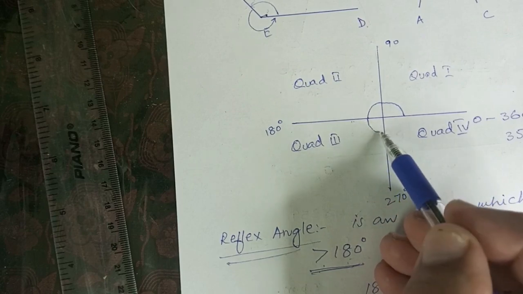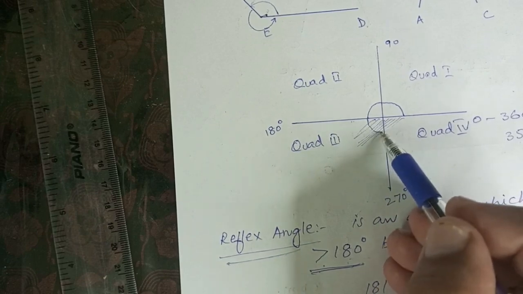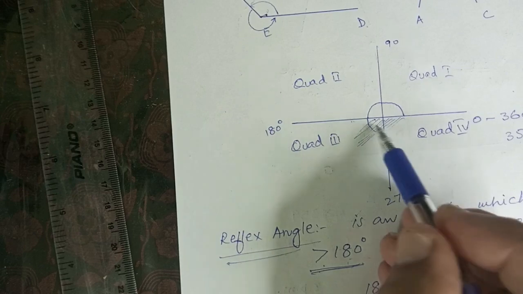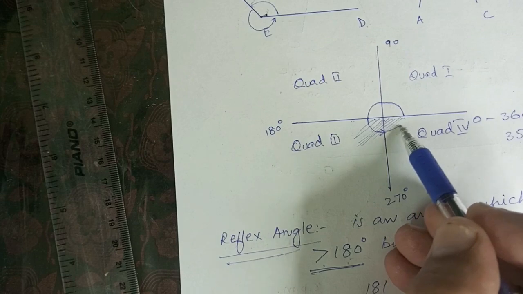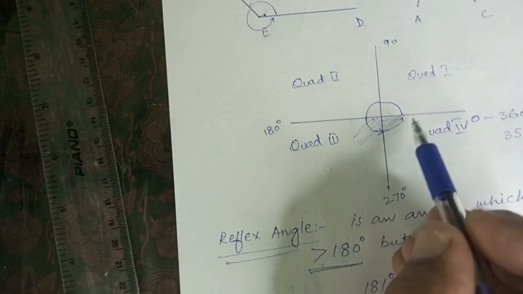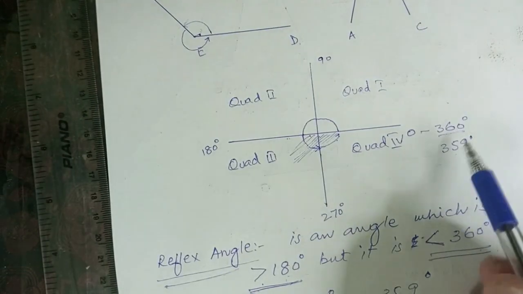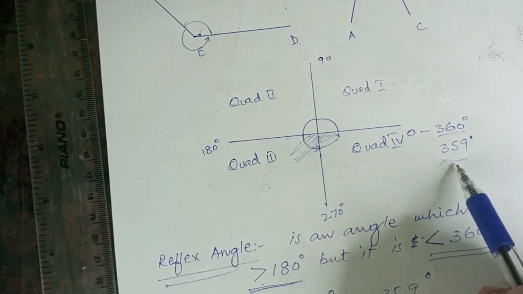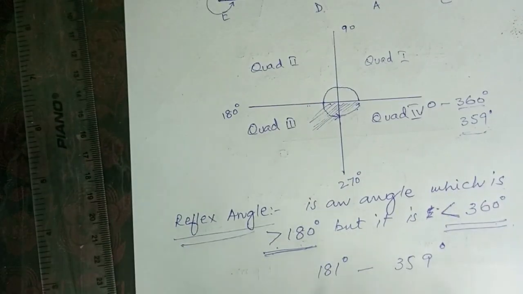So this is the course of reflex angle. The reflex angle may be from here till here. It will not touch 360 degrees, but it will remain below 360 degrees. So this was the reflex angle, and we may need it in many situations. I'll tell you in a later stage.